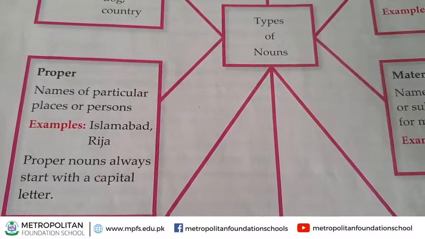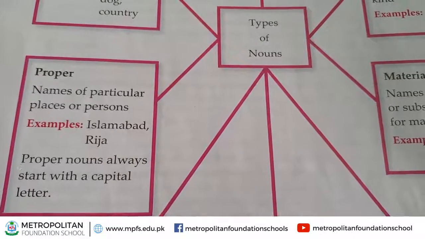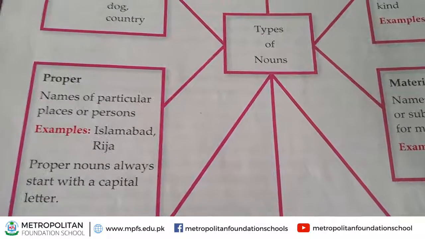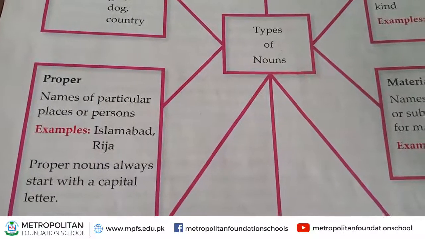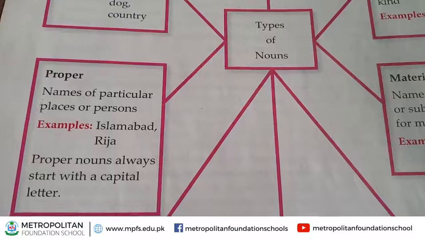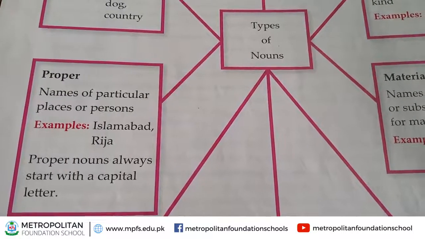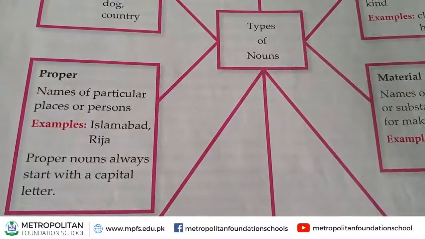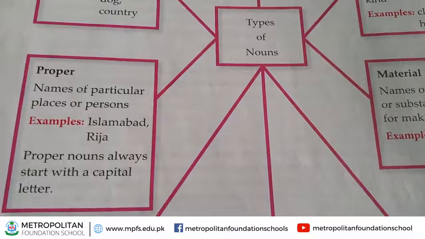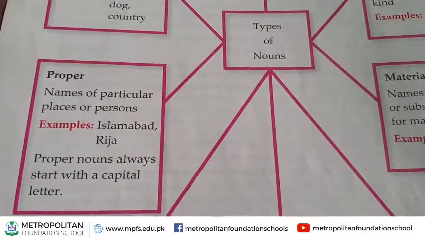A common noun is something we can see, touch and feel also. But if we are talking about abstract nouns, we cannot feel, touch and see them. We can just talk about the quality, state or concept.